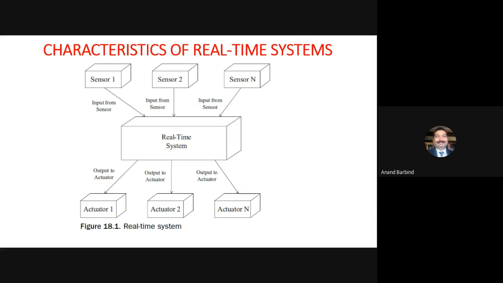So this is typically a real-time system, the deployment diagram for the real-time system. You have a number of sensors in such a system. Here they are labeled as sensor 1, sensor 2, sensor 3, up to n number of sensors in that particular system.